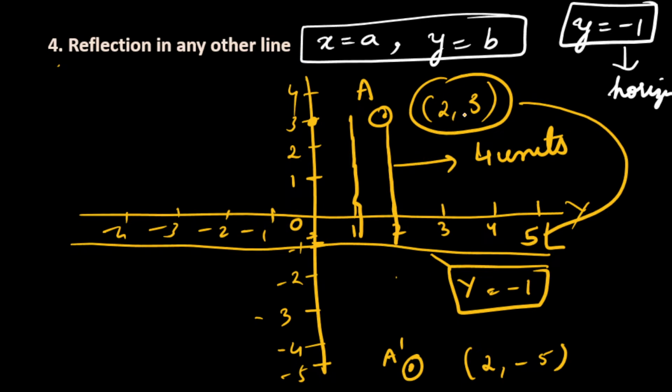Point A is 2 comma 3 and I am doing its reflection in the line y is equal to minus 1, a horizontal line passing through y equal to minus 1. I checked the distance of this point from this line. It is 4 units. So 4 units on the other side, the point 2 comma minus 5 is coming.